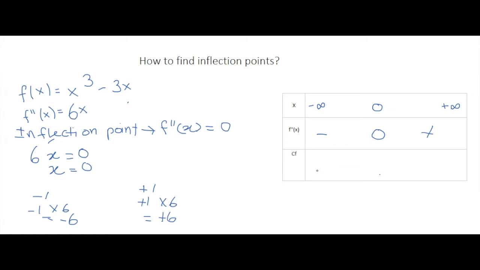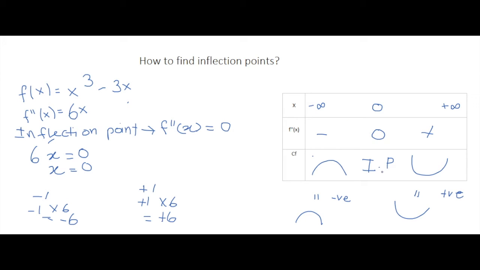What this means is when it's displayed in the graph, that this is going to be curving like that. So here is our inflection point, and this, because it's positive, it's going to curve like this. And an easy way to remember this is if it's negative, it's going to be a sad face because it's negative, and if it's positive, it's going to be a happy face because it's positive.